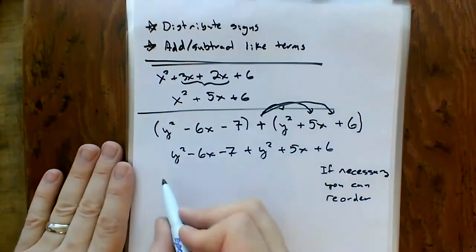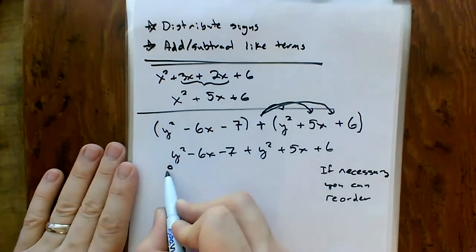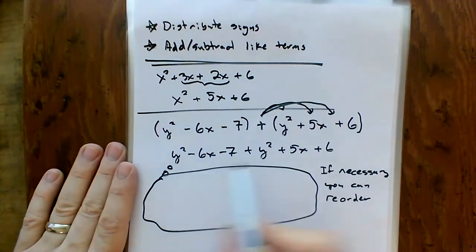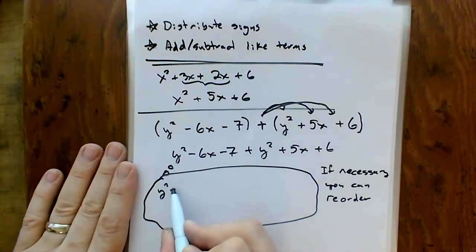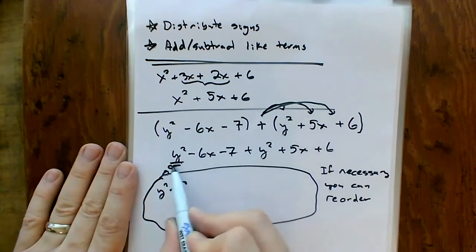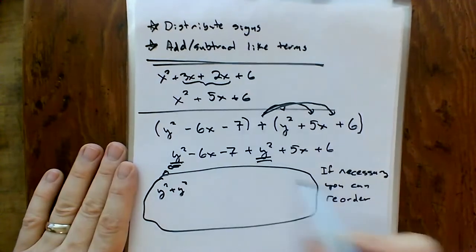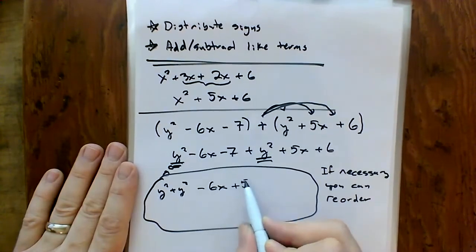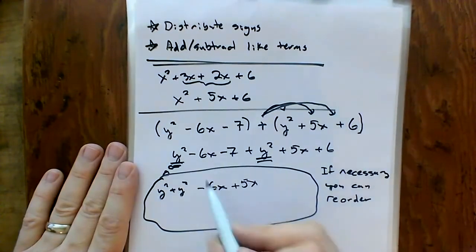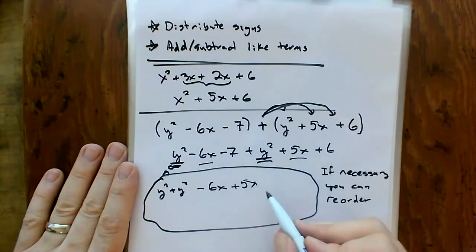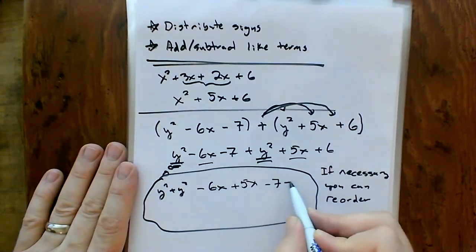So it's not a necessary step, but we could, in fact, think of this as y squared plus y squared. Here's my y squared terms. Then I've got my minus 6x plus 5x. There's my x terms here. And then I'll take a look at my constant terms here. I've got minus 7 plus 6.